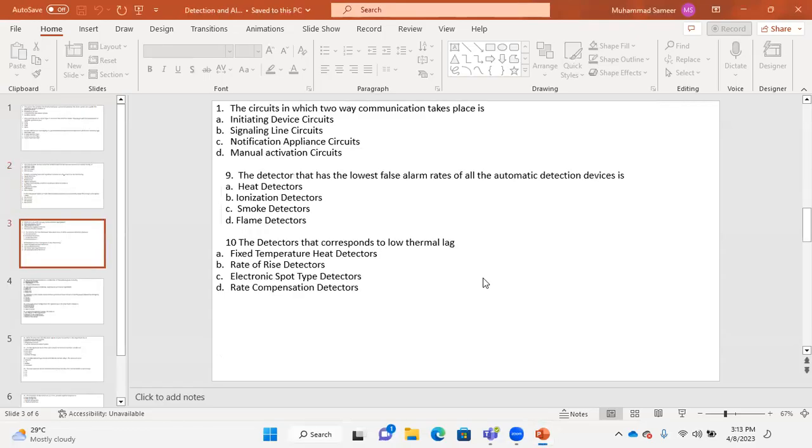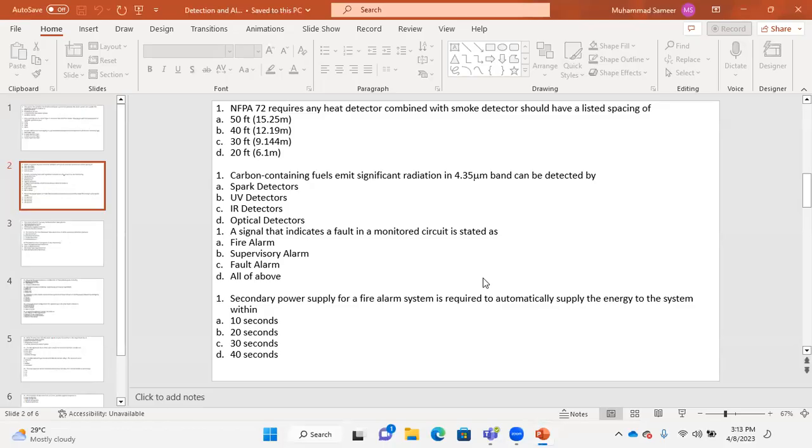A signal that indicates a fault in a monitored circuit is stated as? Yes, a signal that indicates a fault in a monitored circuit is stated as a fault alarm. And the second name they can use is a trouble alarm. So it is a fault or trouble alarm.